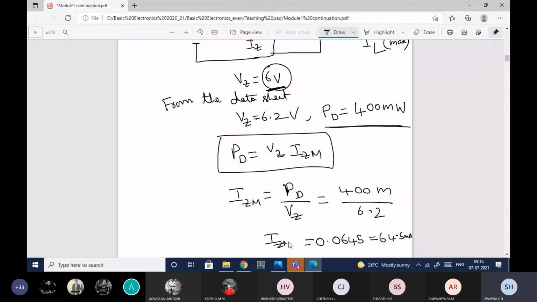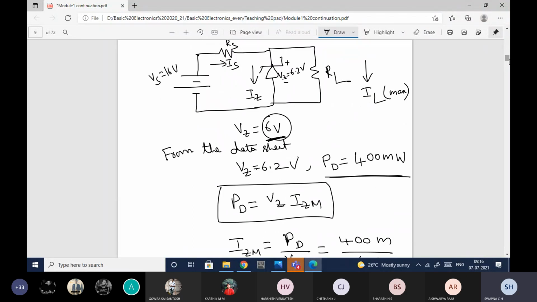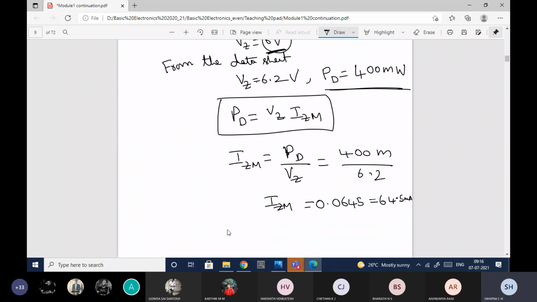This is my IZM. And I was mentioning that this IS should not exceed IZM, so maximum IS can be equal to IZM. This is what I was mentioning.